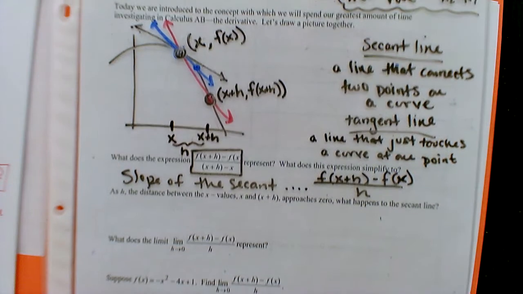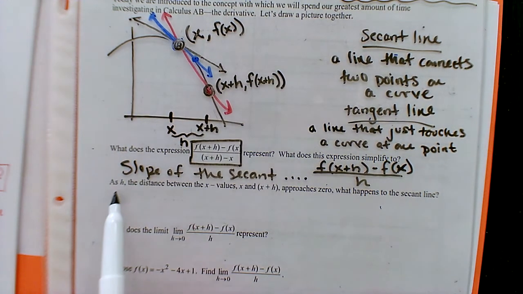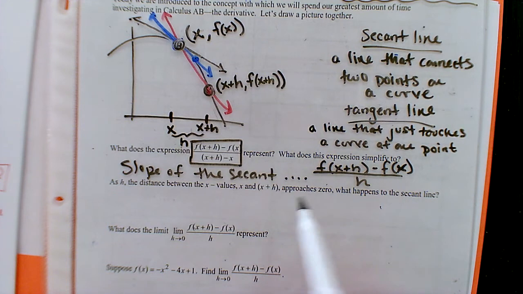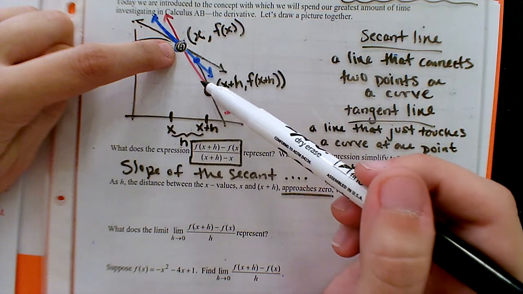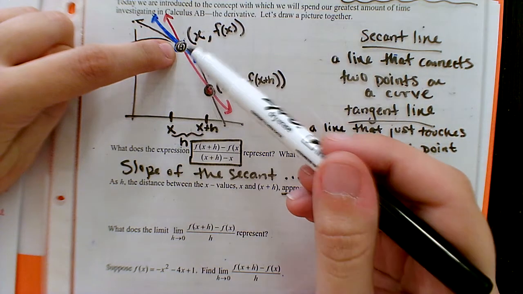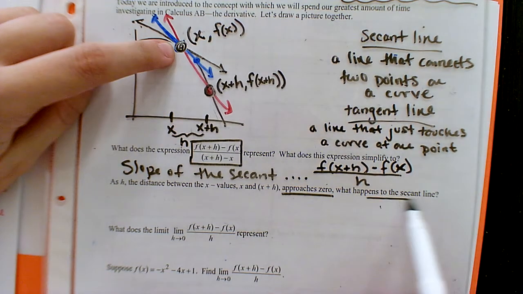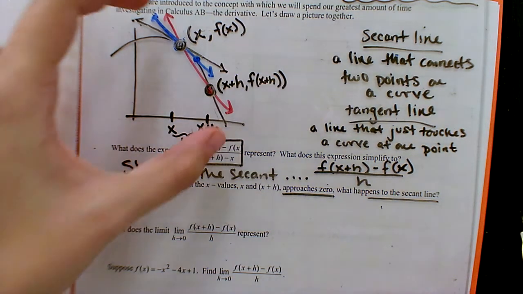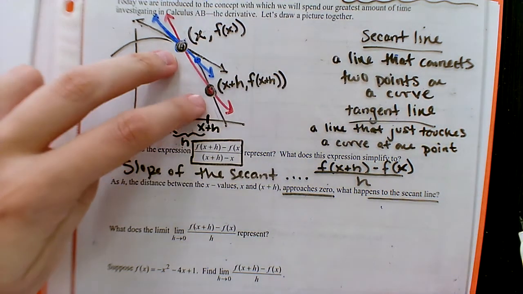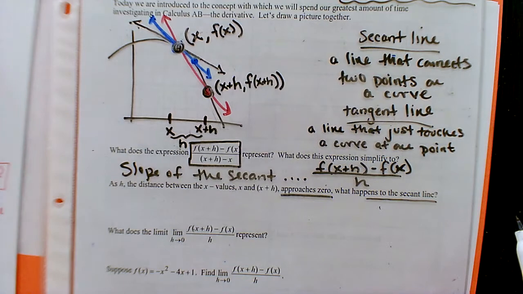All right, so let's go a little bit further here. As h, okay, we said h is the distance between the x's, as that distance approaches 0, as these 2 points get closer and closer, what happens to the secant line? What happens to the red line?